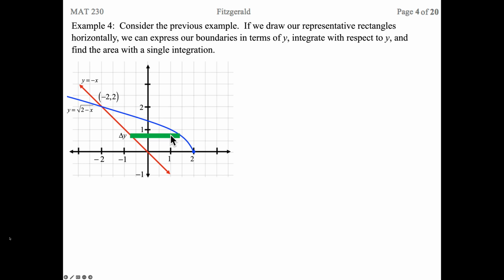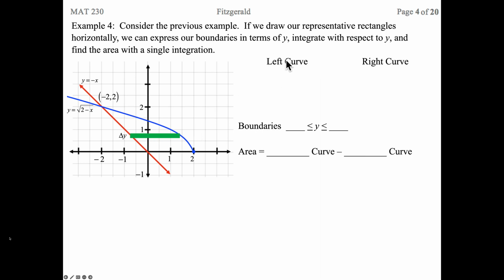We can think about integrating this in terms of y, and instead of going top minus bottom, we'll go right function minus left function. And if you look at this green rectangle, it will always be touching the red and the blue curve all the way throughout the entire space. So left curve, right curve.